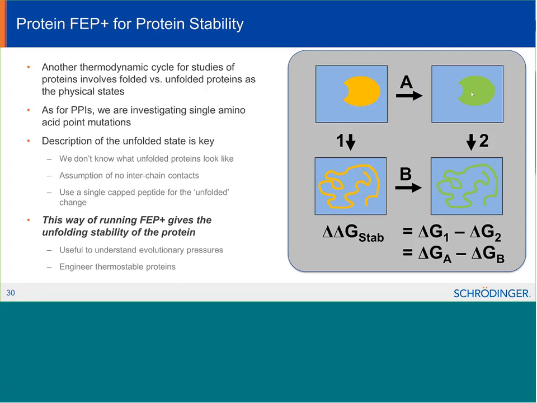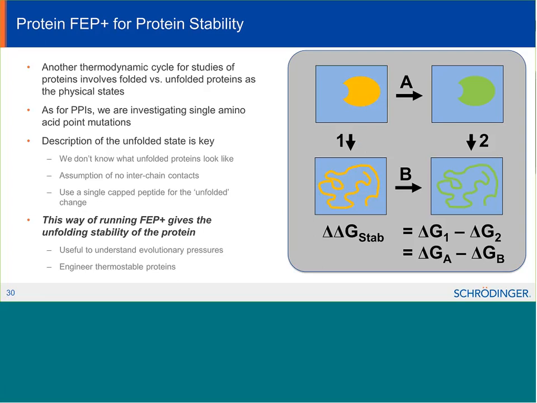And this way of running FEP would give you the change in thermodynamic stability of the protein given that a specific mutation was introduced. So you could either understand evolutionary pressure on proteins. Why are some residues able to be mutated, others are not, because they are important for the folding stability. But you could, of course, also use it to engineer thermostable proteins by specifically picking mutations that increase the folded stability of the protein.